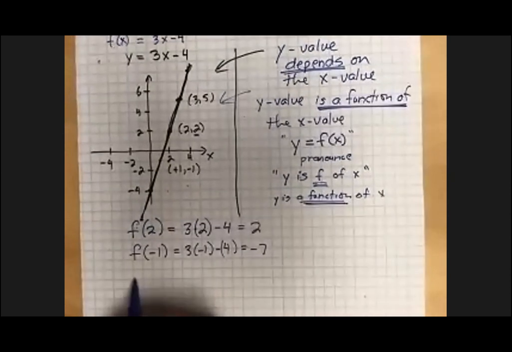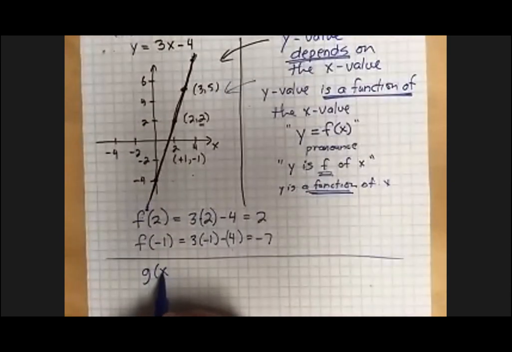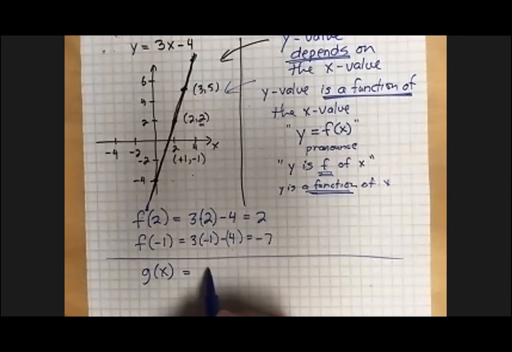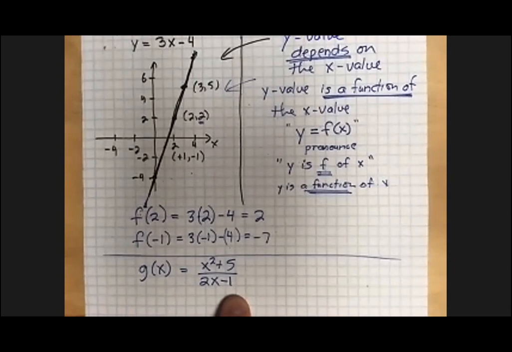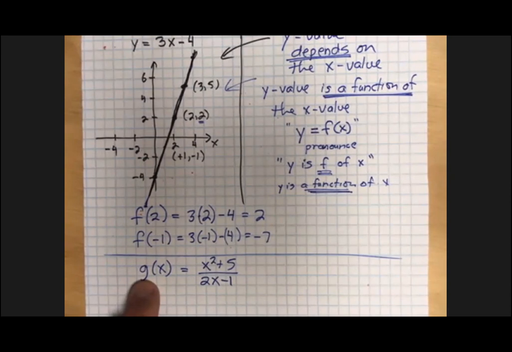When someone says, let me get weirder. What if someone says that G does this? Let me invent something crazy like x squared plus 5 over 2x minus 1. And by the way, when you talk about a function, you don't have to use f all the time. You can use any letter or name you want.